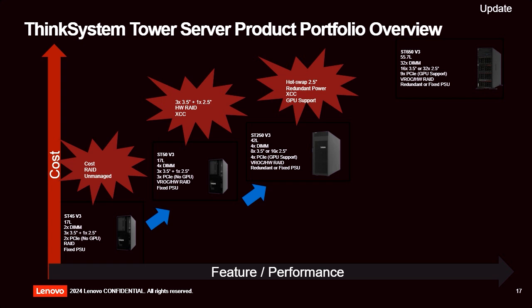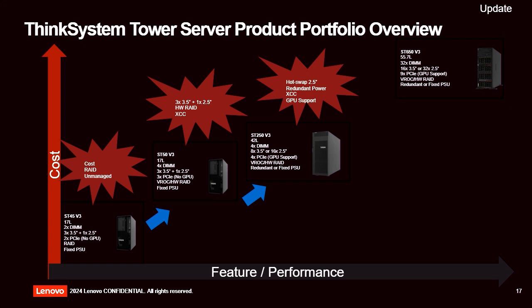We can put pizza boxes in all day to support our virtualization or whatever workloads we're working with. But without that luxury, we do have these towers, not only for running that compute, but also if we're talking about AI, maybe training some large language models. The 650 V3 has enough space that we can put some of those double-wide GPUs in there and really get that muscle so that we can get some bang for our buck out of there.